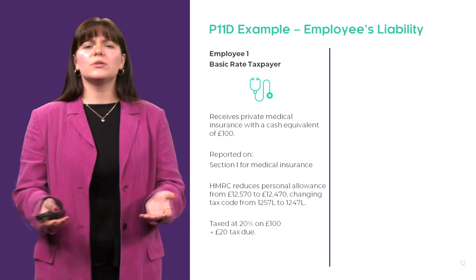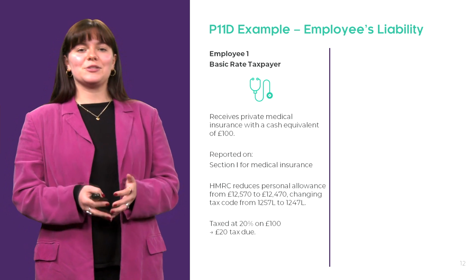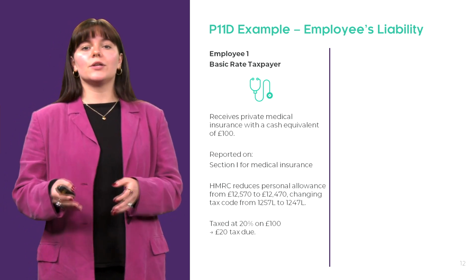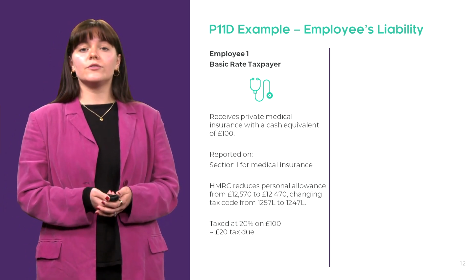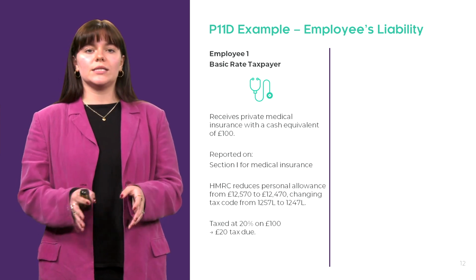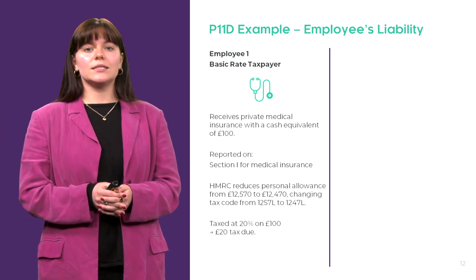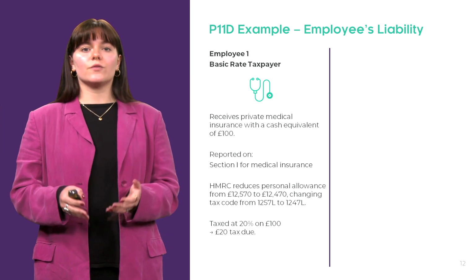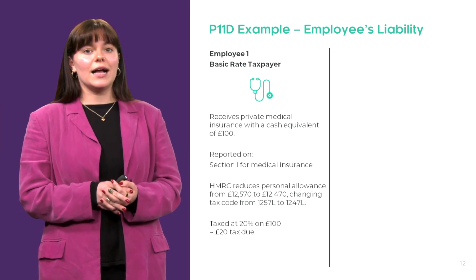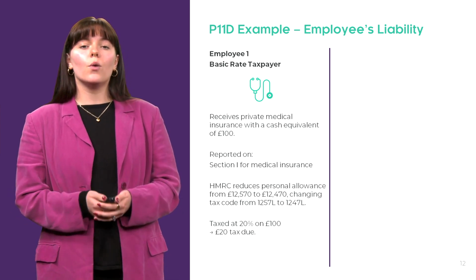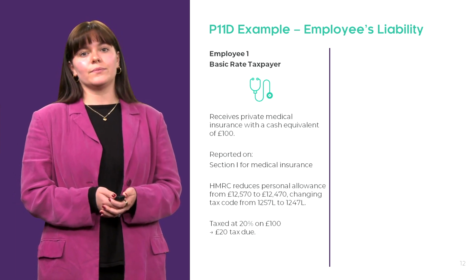Now, how would this be taxed? Let's assume that this employee has a standard personal allowance of £12,570 for the 25-26 tax year. This is the amount of income that is tax-free during the tax year and is reflected in their tax code, 1257L.